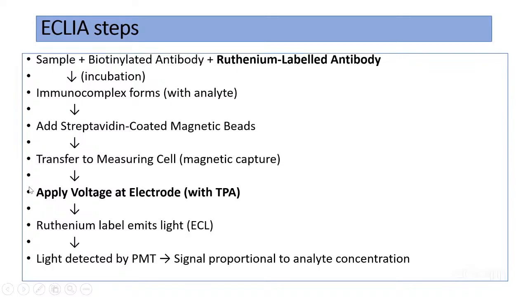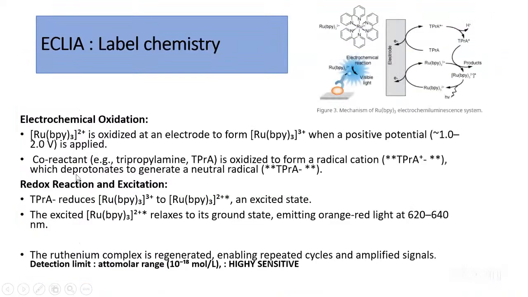So everything is same. Your magnetic particles, streptavidin coating, then ruthenium label we are using, and we are applying voltage at the electrode. And TPA, I'll come to it, there is some co-reactant also we use. So there are two types of reaction occurring here, electrochemical oxidation and excitation.